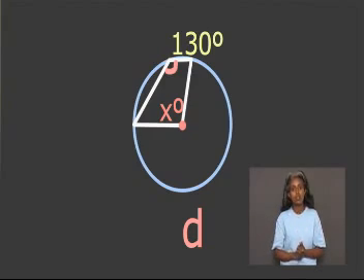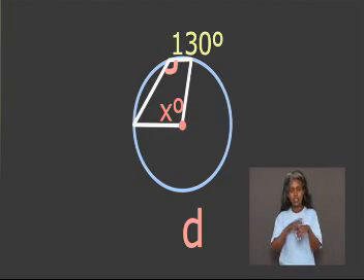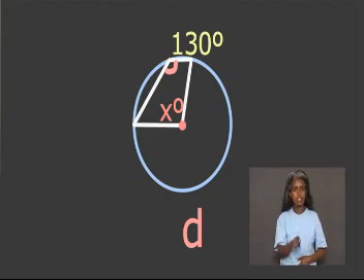So, if the central angle is twice the measure, it will be 260 degrees. Therefore, x must be 100. A circle is 360 degrees. Good work, students. It was not too difficult, was it?